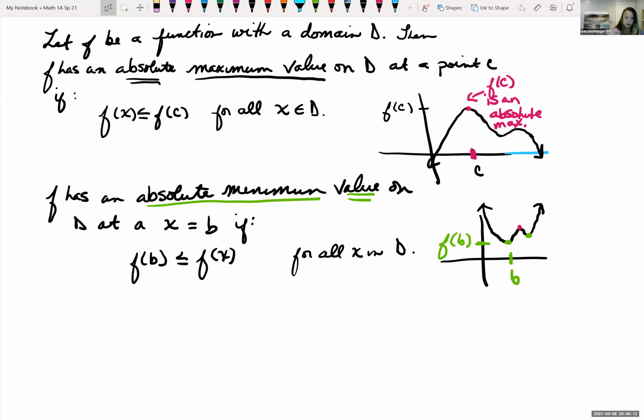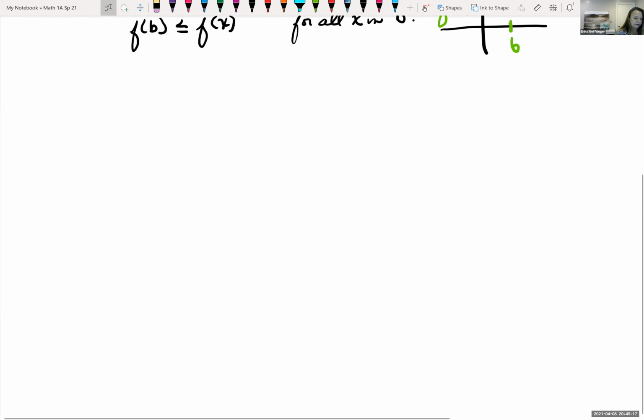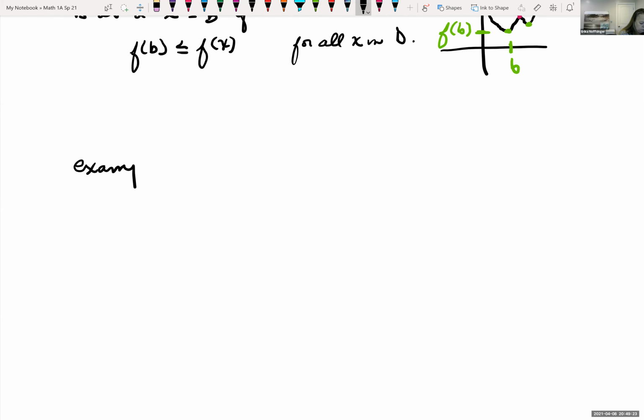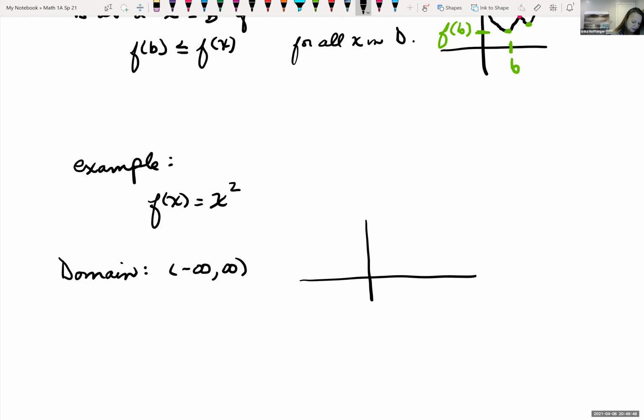Let's look at the following example, and let's look at it with different domains. So let's say that we have some function f of x equals x squared. If I was looking at this, and let's say that the domain, first of all, was just all real numbers. If I graph that, that's just a parabola with the vertex at 0, 0.